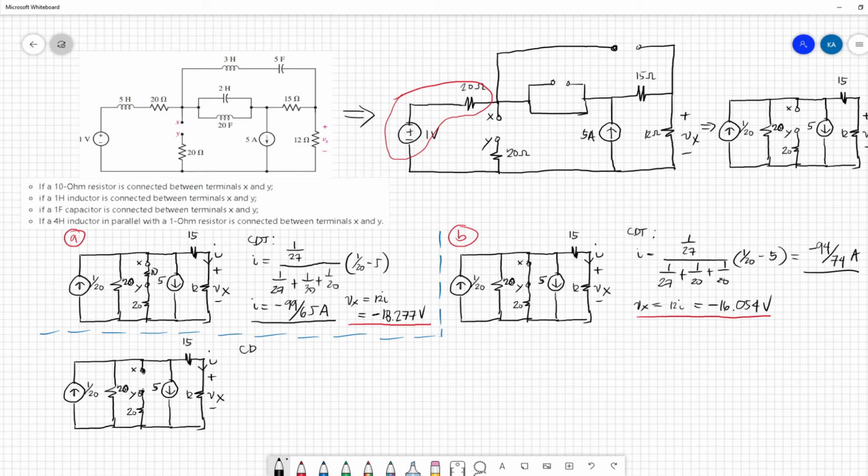Solving for I using again CDT, we have 1 over 27 over 1 over 27 plus 1 over 20, because this 20 ohm resistor is now disconnected, times 1 over 20 minus 5.